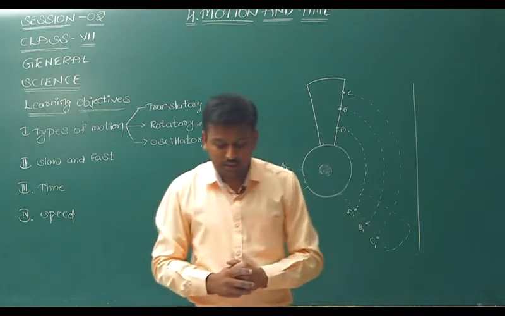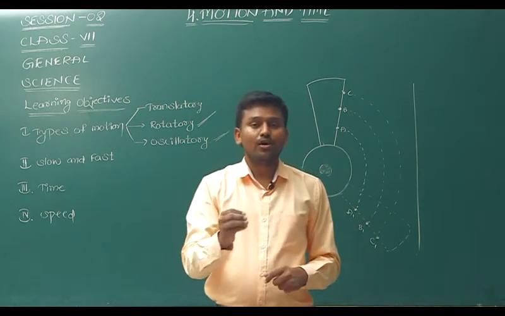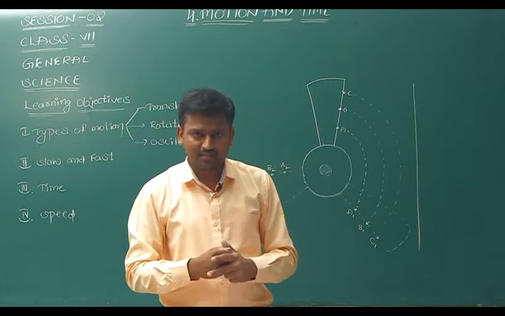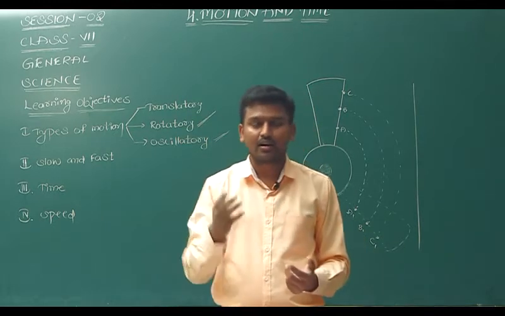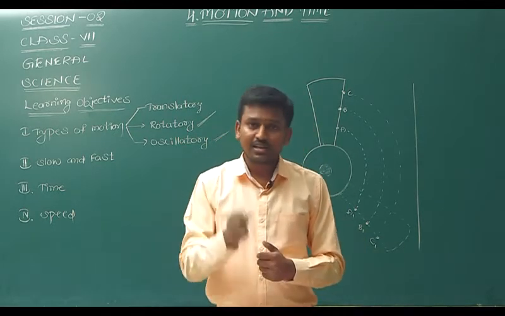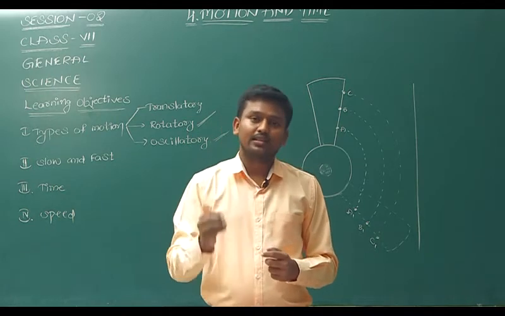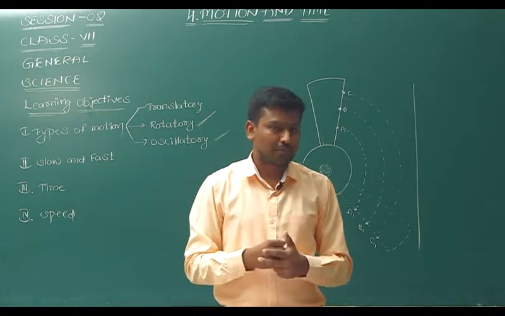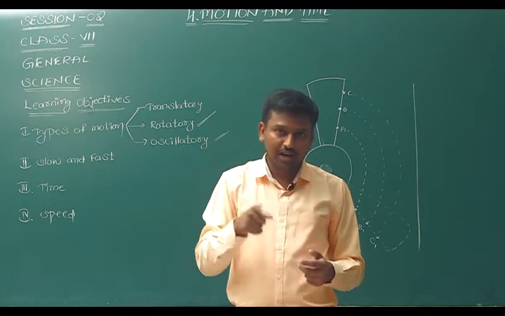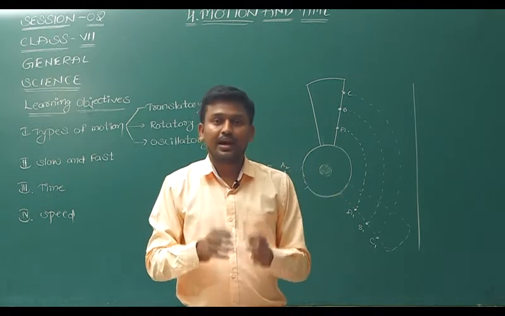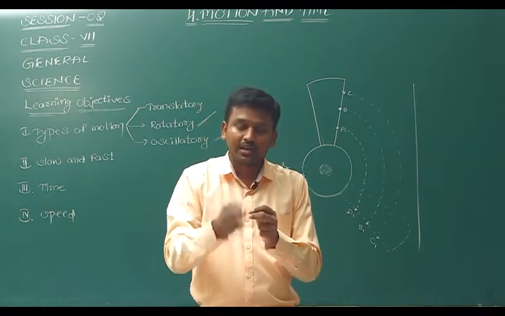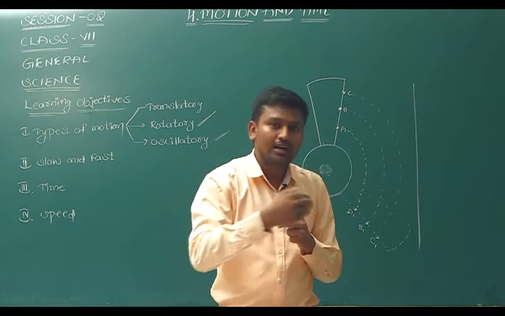And now let us see another one, that is motion of wheels of an object in a vehicle, either it is a bicycle or bike or any train or whatever it is. The wheels also have two types of motion. What are they? The wheels rotate, so it is a rotatory motion, and at the same time the wheels go straight or they move in a curved path.